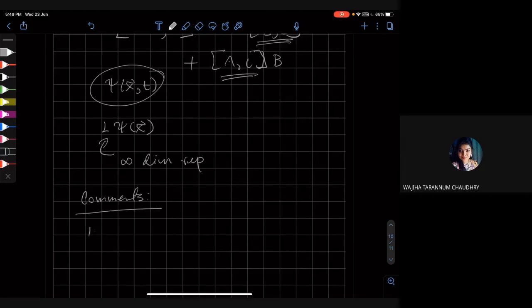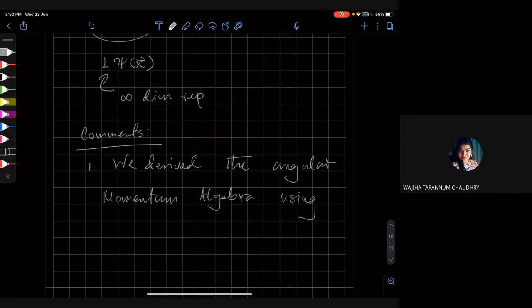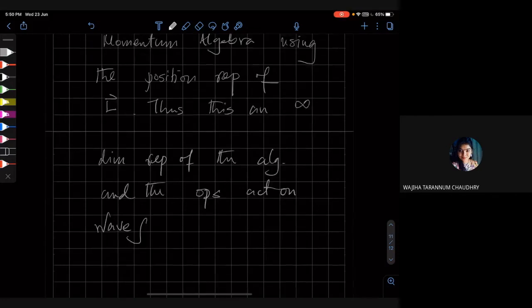One comment is that we derived the angular momentum algebra using the position representation of L. Thus, this is an infinite dimensional representation of the angular momentum algebra, and the operators act on wave functions.